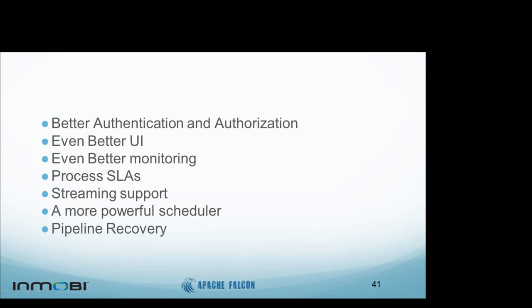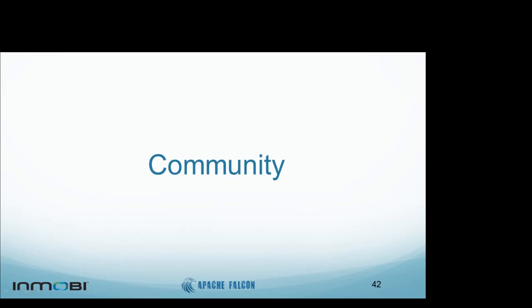So Oozie has scheduling capability, which is like a third-party mechanism. But in a lot of cases, Oozie was not sufficient. So we are working on a more latest scheduler, which is far more powerful than the Oozie scheduler. And pipeline recovery based on capacity and priority, and pipelines to be scheduled automatically. So these are some of the works which are in progress.